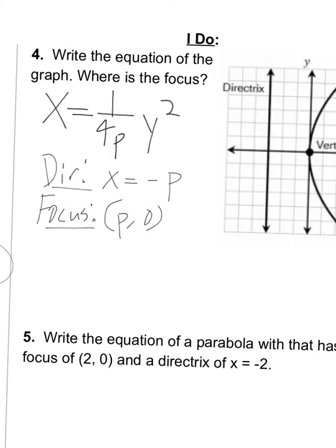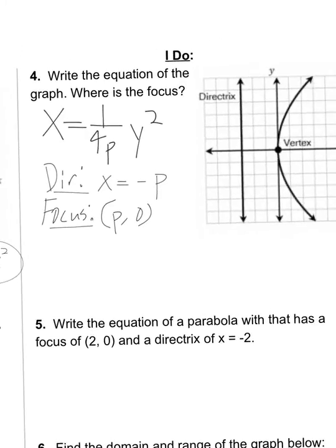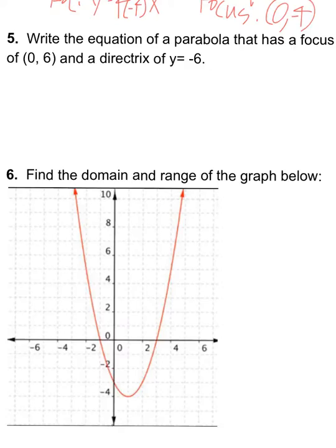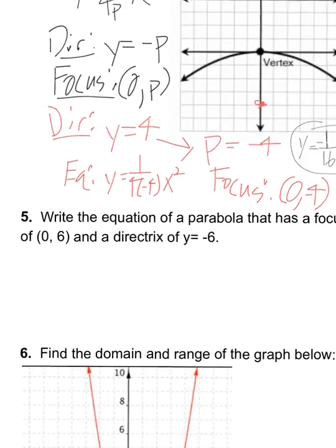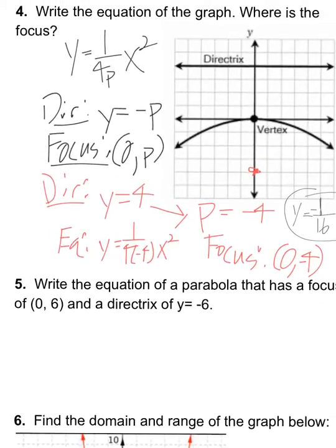And here are the other formulas you'll need for the I do one on number 4. Number 5, just use the formula that I wrote up here, the 1/4p x squared, because it's a y equals equation. You're writing the equation of a parabola that has a focus of 0, 6. So 6 is your p, and see how the sign is flipped on the directrix?